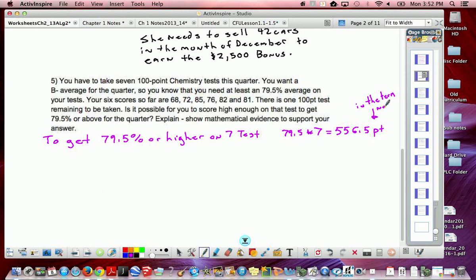This is what is needed. So this is what we need to get to our B- or better.